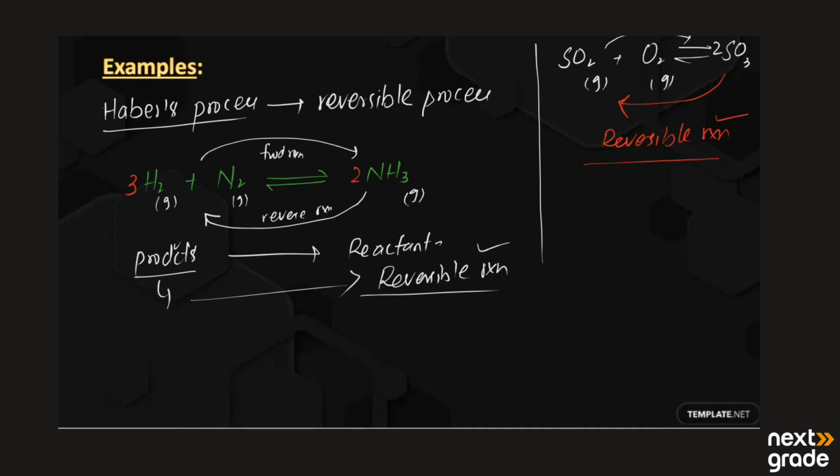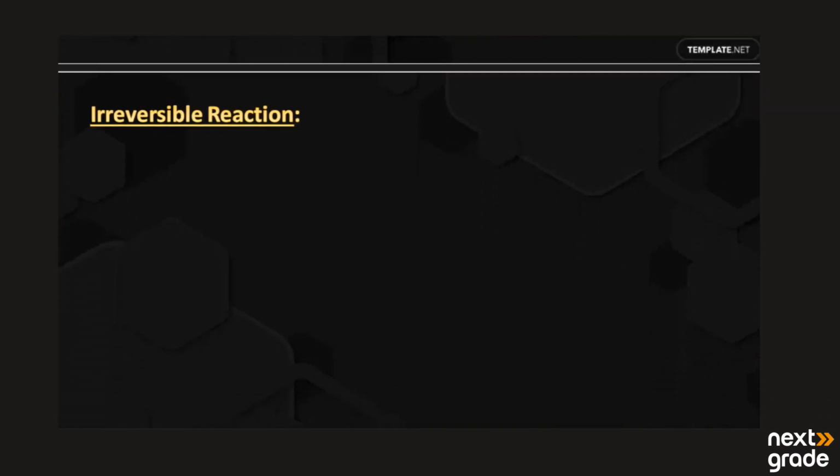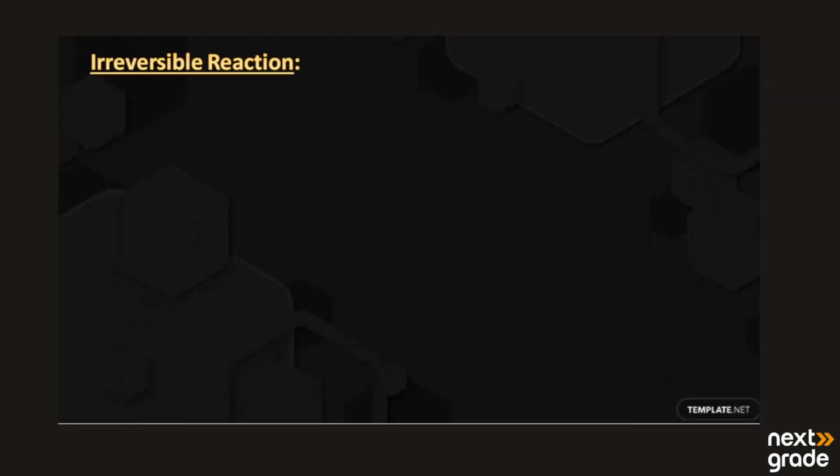Okay, next we have the second type, the irreversible reaction. What is meant by an irreversible reaction? It is a reaction or process in which the products do not recombine to form the reactants.